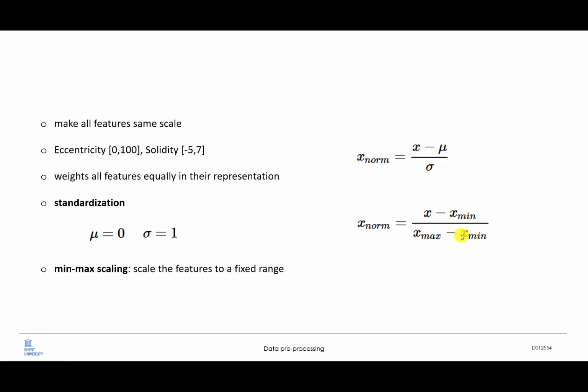Okay, and so both of these will make sure that features are scaled similarly. This one will sort of also change the shape of the distribution, while this method will leave that shape intact. And so it depends on the problem that you are dealing with. One of these two will be the better performing one.